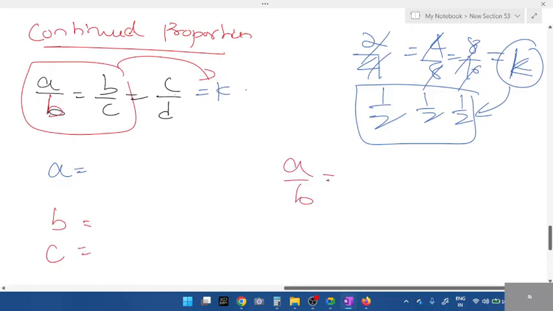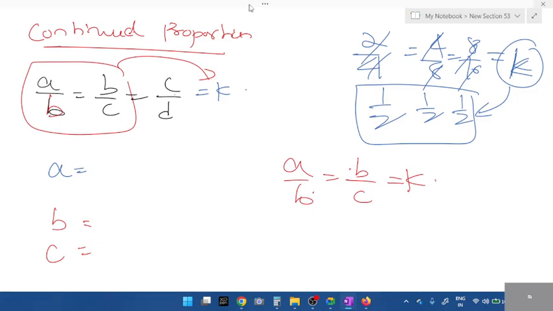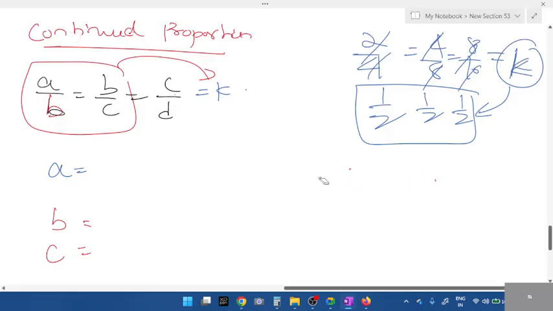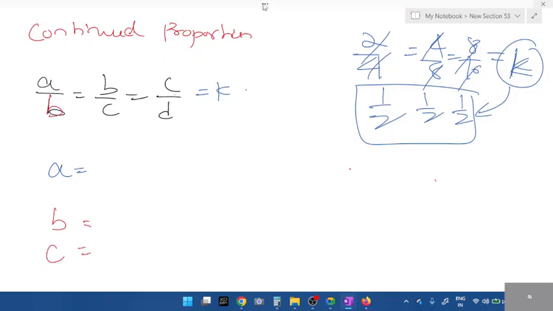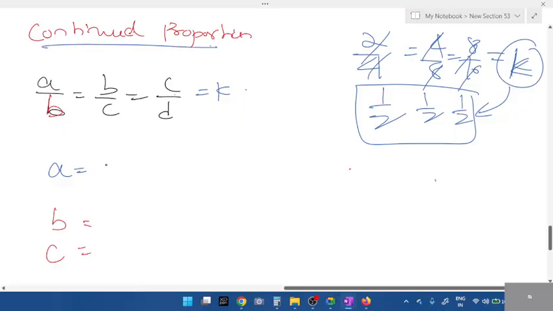A divided by B is equal to B divided by C is equal to K. So B and B, bk cube, bk square, and you'll get the direct formula: for A it is D into K cube.